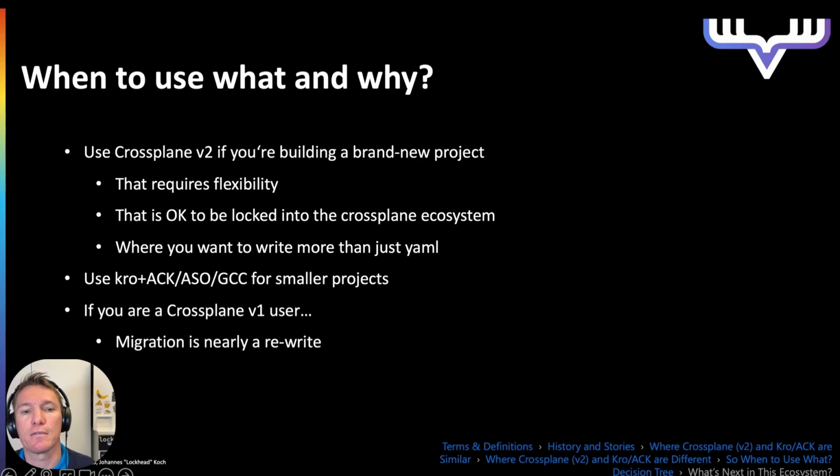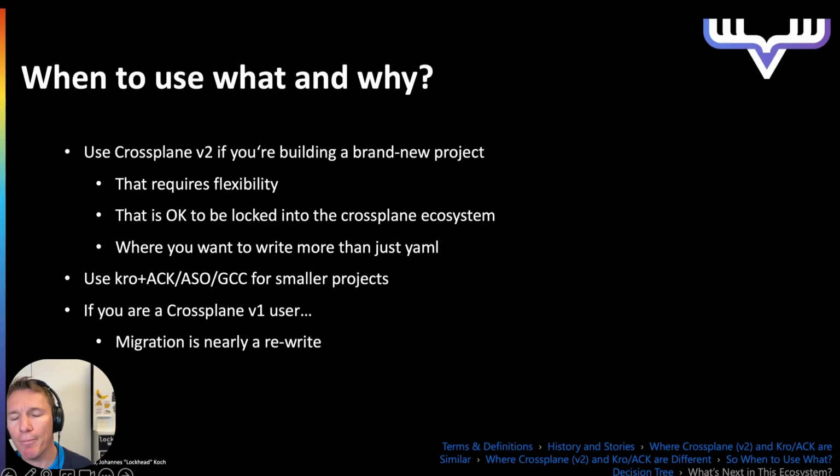So I think that's where the Crossplane ecosystem would help you a lot, right? But obviously be aware you're then locked down into that, right? So if you want to write more than just YAML, you should also go with Crossplane V2, because there you can write Go, TypeScript, Python, KCL, right? And you're not bound to CEL, which is the language that is used for KRO. I think that's my advice over here.